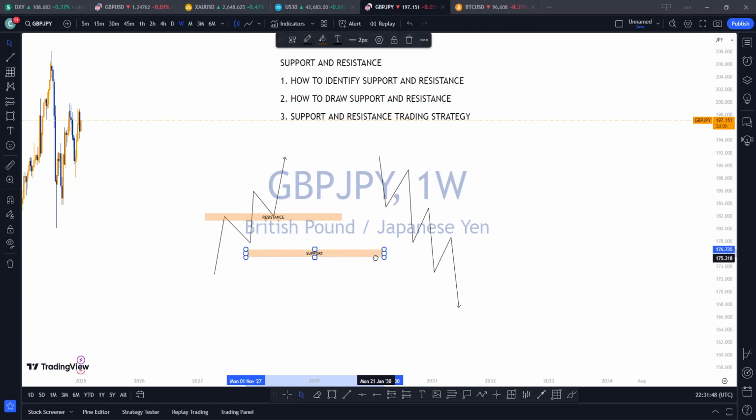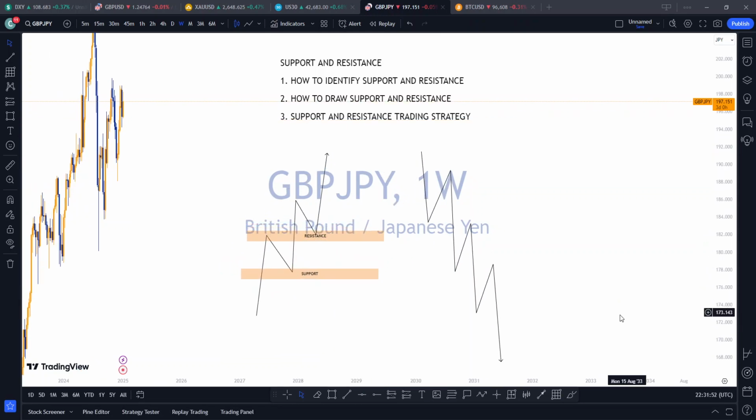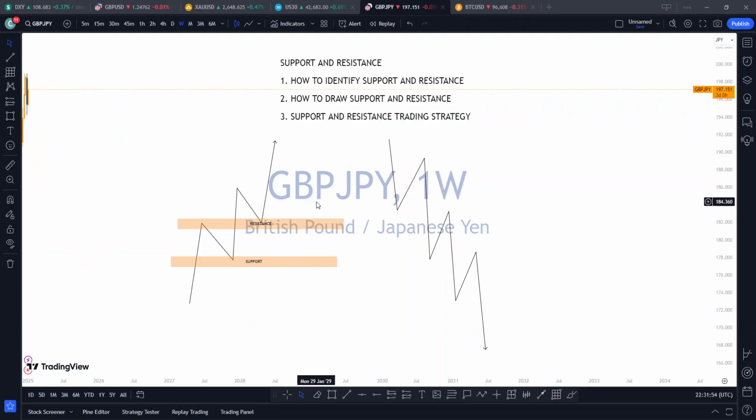So basically what that means is, for people to understand it, there are a few terminologies that people use. For those that are beginners that don't really know anything about trading, you can see the support is like the floor.